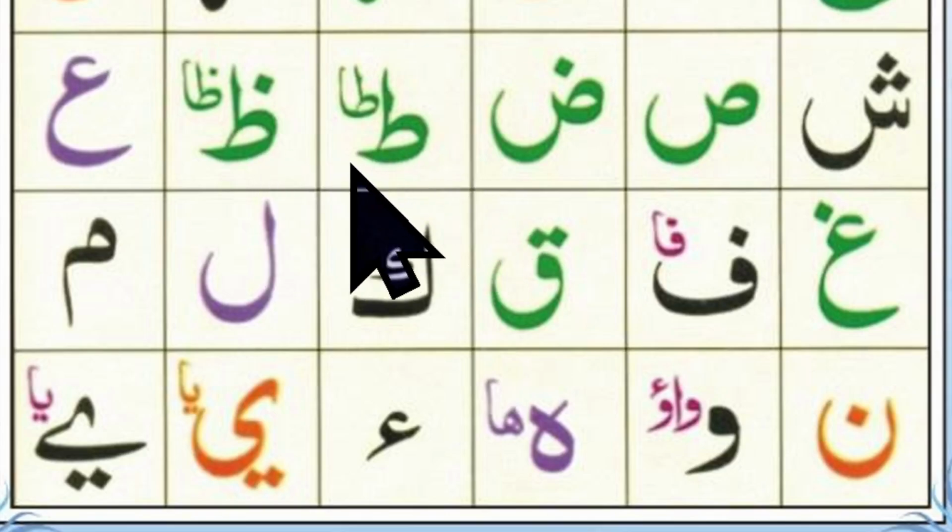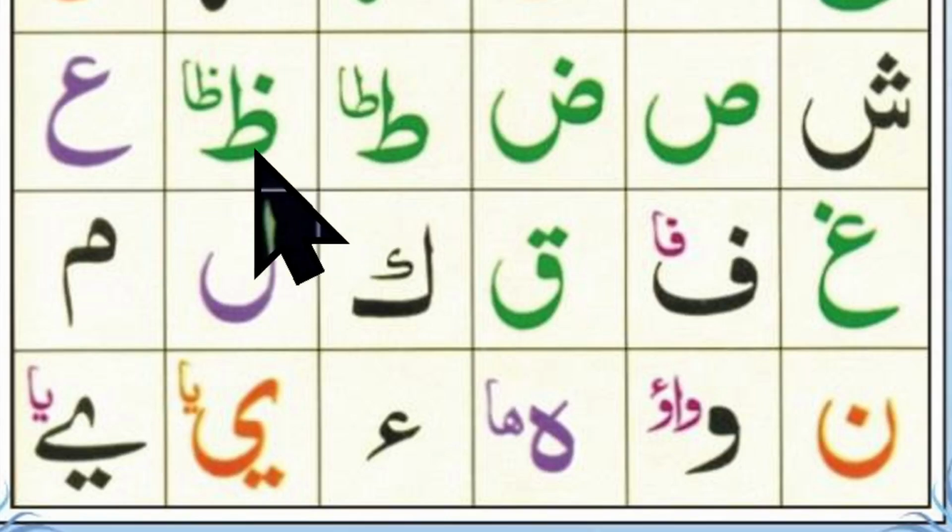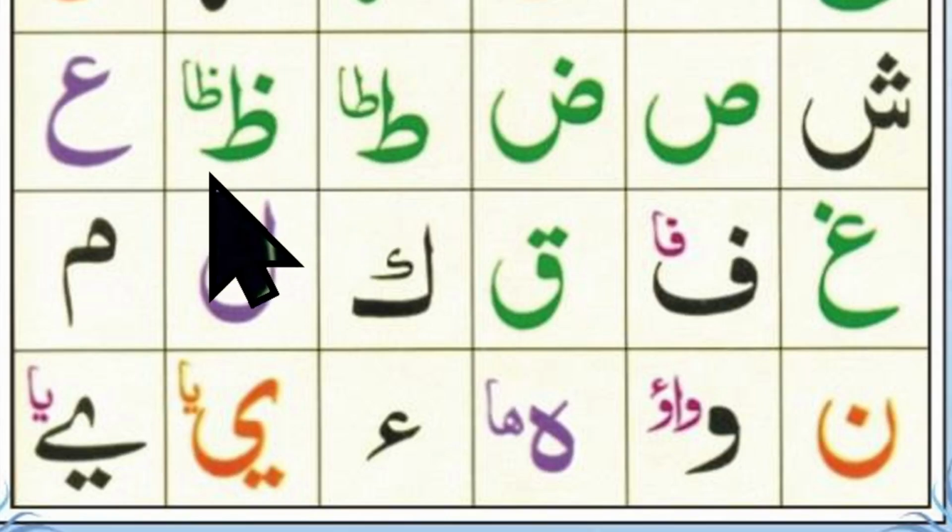Both letters you can pronounce easily when you touch the tip of your tongue to the back side of the upper front teeth. Then you can pronounce Twa, Twa, when the tip of the tongue touches the back side of the upper teeth, the upper side of the teeth.